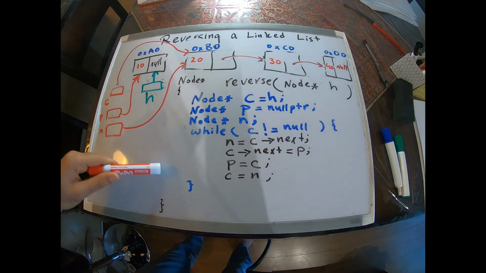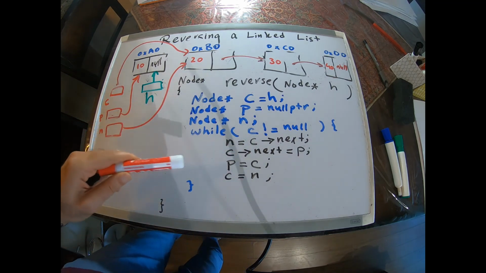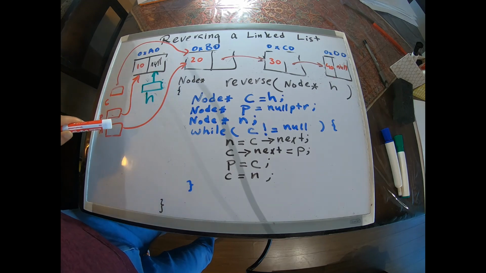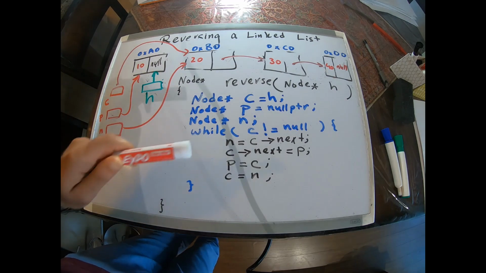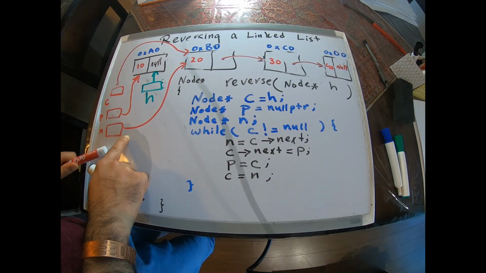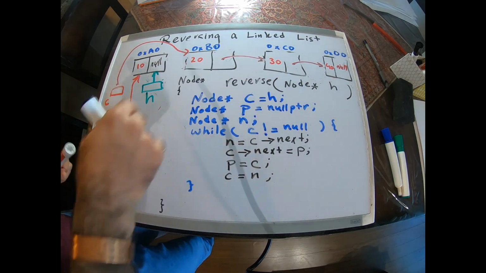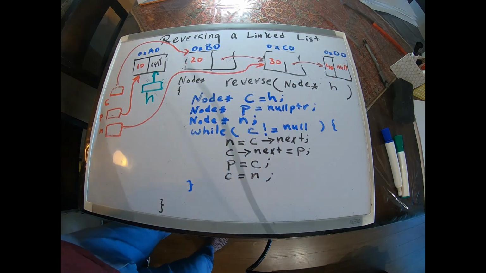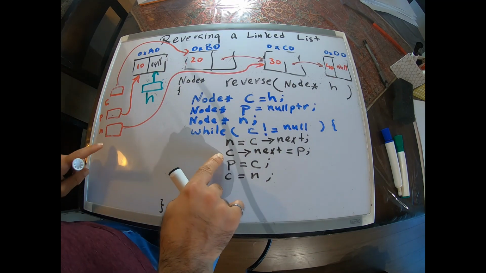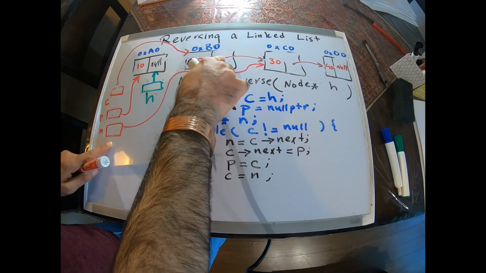So we did one iteration in the loop. Now C is pointing here, next is also pointing here, previous is pointing to the previous node. Once we go here, it says N is equal to C arrow next. I always want to have a pointer to the next node, so this is gonna point to this node. Then current arrow next, I don't need this pointer anymore.